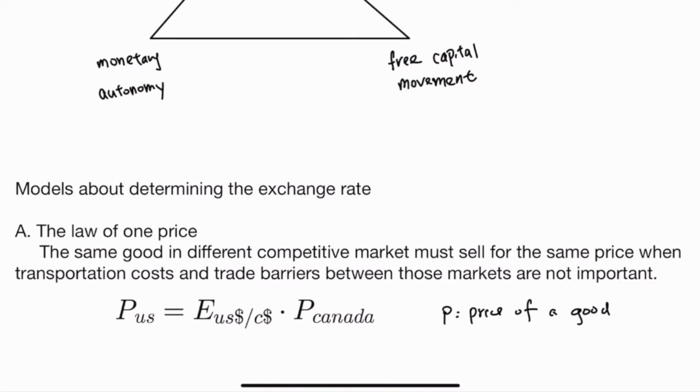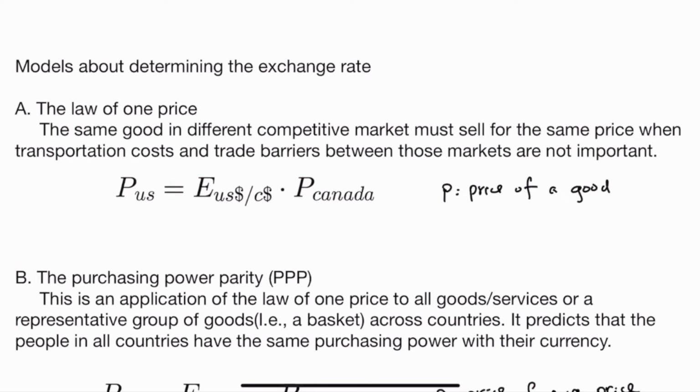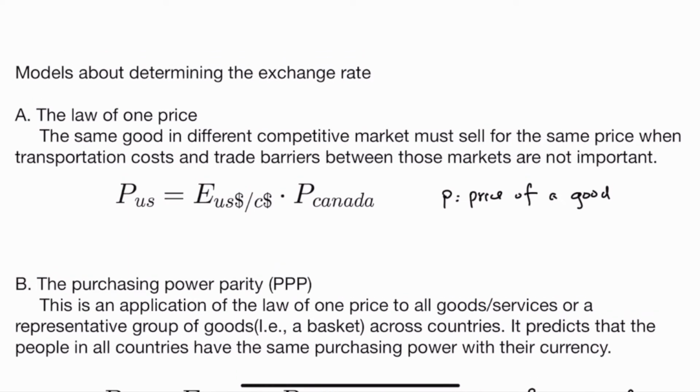Now we want to talk about an application of the law of one price, and that is called purchasing power parity. Purchasing power parity tells us that the price of all goods and services, or a representative group of goods, for example a basket, across countries should be the same.